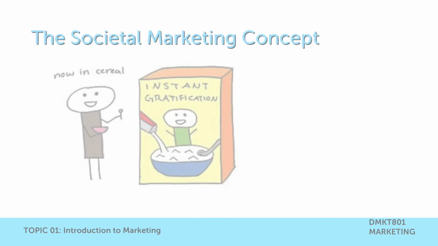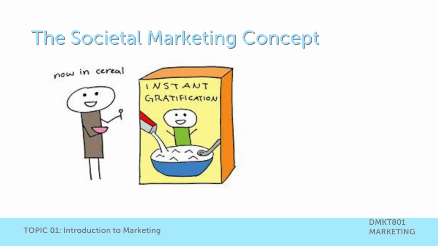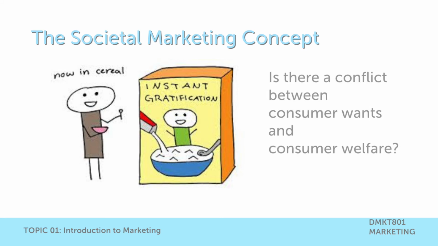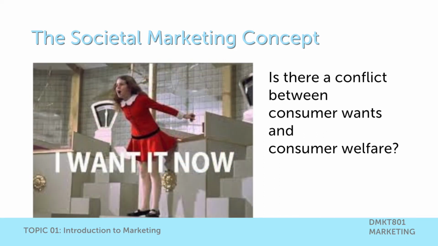The societal marketing concept questions whether the pure marketing concept overlooks possible conflicts between consumer short-run wants and consumer long-run welfare. Is a firm that satisfies the immediate needs and wants of target markets always doing what's best for its customers in the long run?